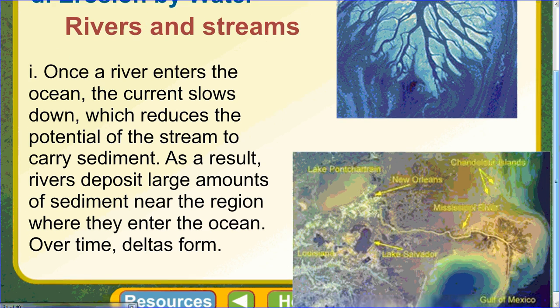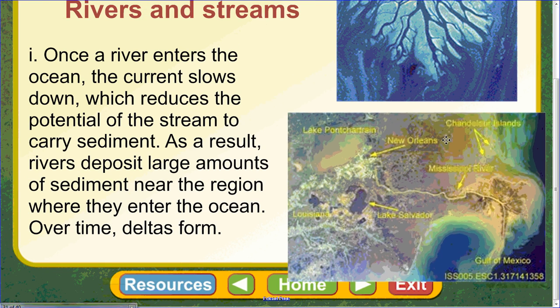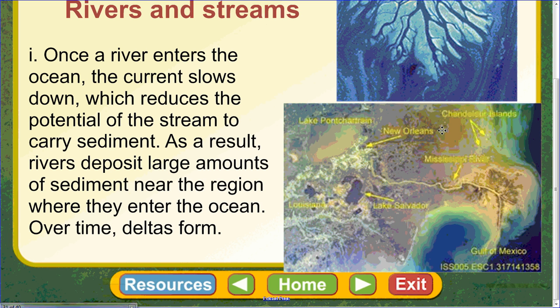In this bottom picture, this is the Mississippi River as it comes down into the Gulf of Mexico. This whole area, this little spit of land that's there, is all sediment that was carried down from the whole length of the river, which is kind of cool when you think about it.